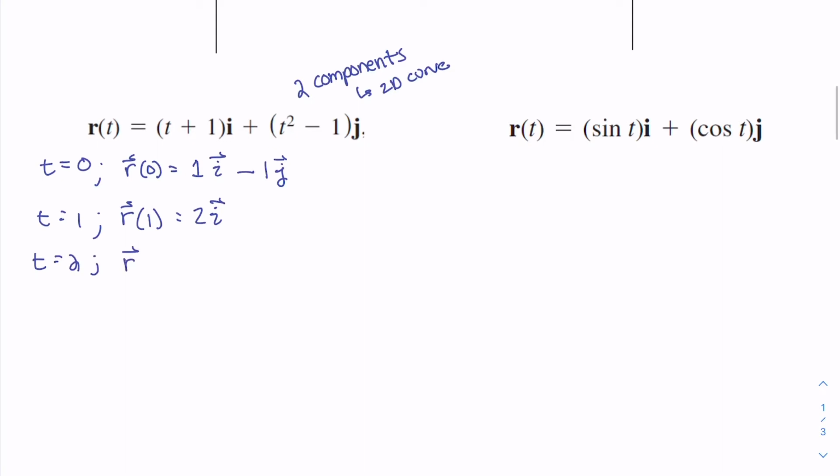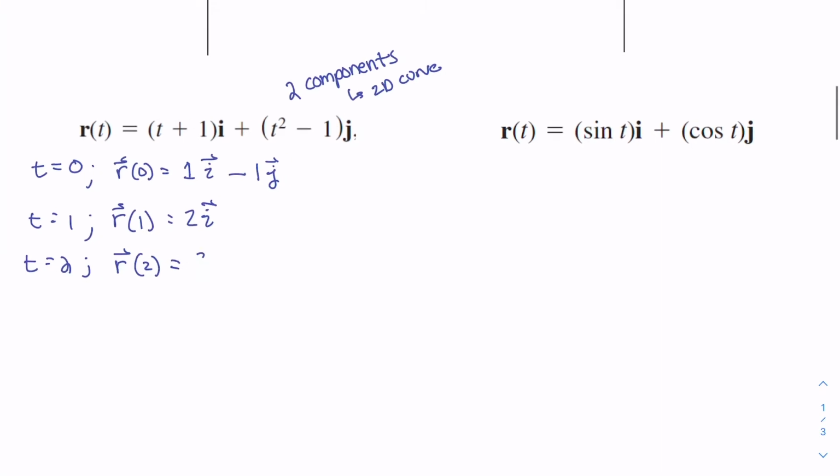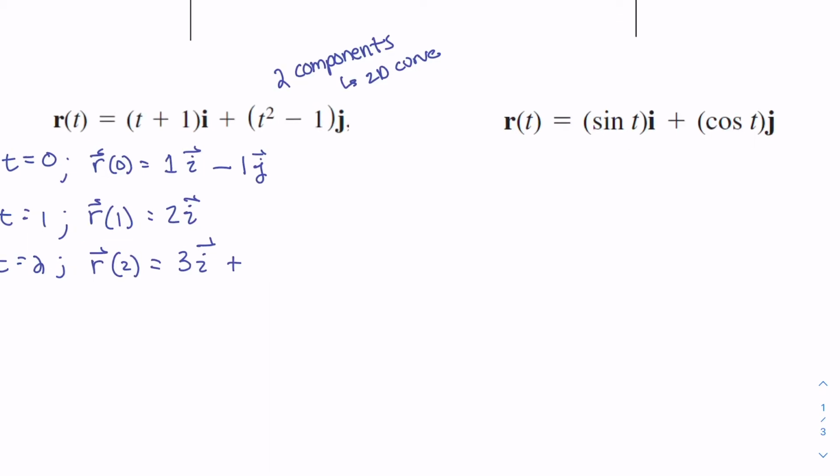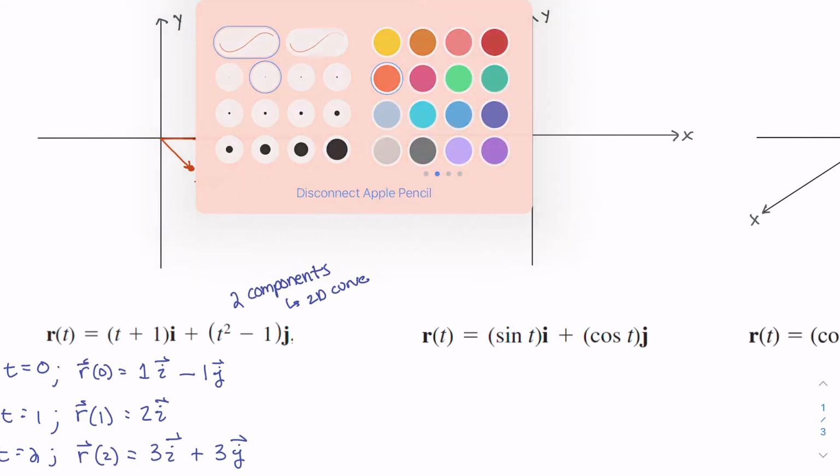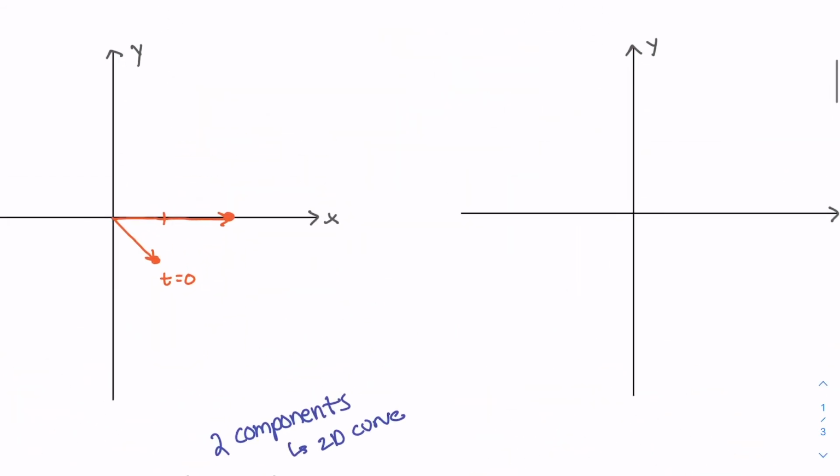So that's going to be 3i plus 4 minus 1 is 3j. So 3 and 3. So that's going to be something that looks like that. Oh, sorry, that's t equals 2.